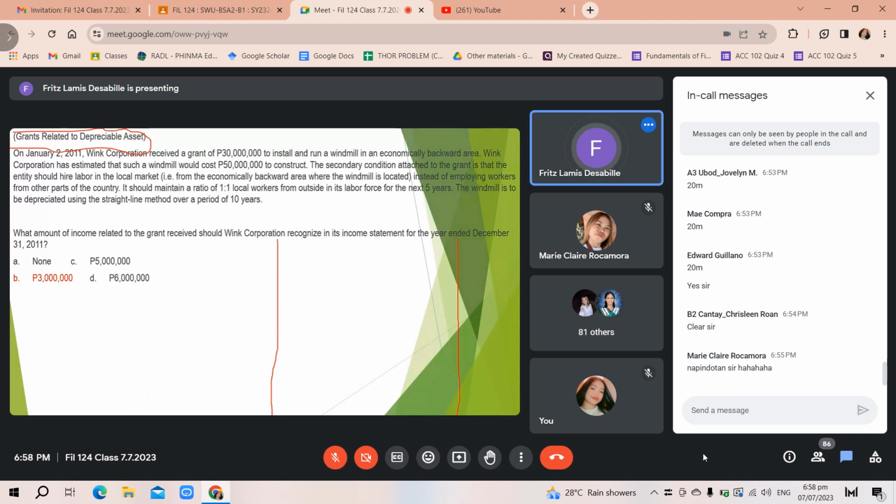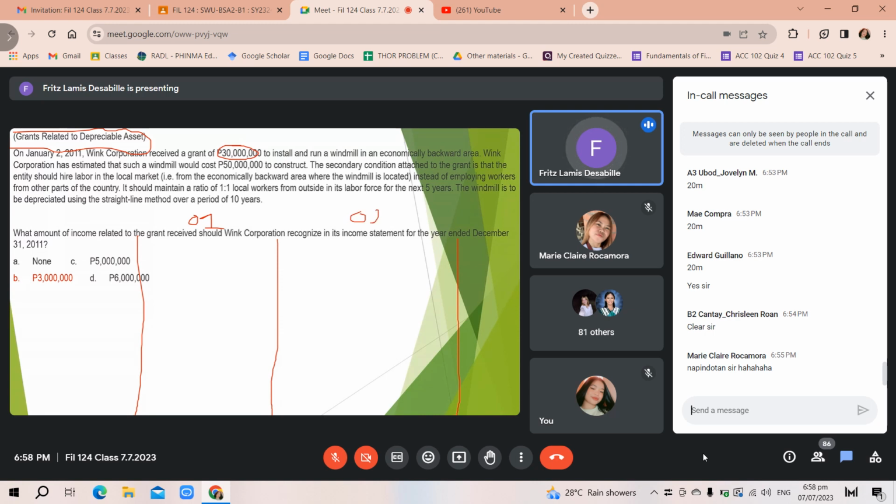So let us record the transactions, no? Ato mag-journalize ta. Okay, so nakadawat tag 30 million, guys, from the government. So option 1, meaning i-recognize na to siya as income or deferred grant income.